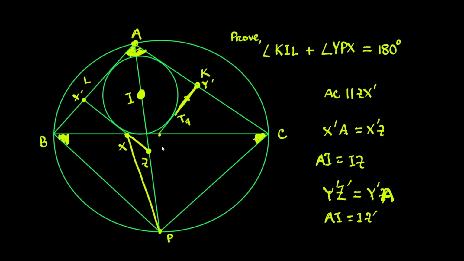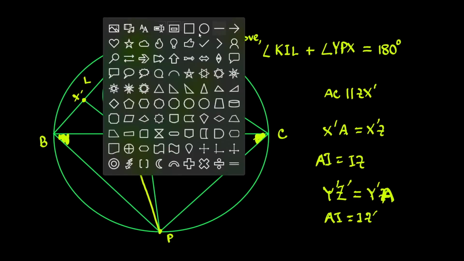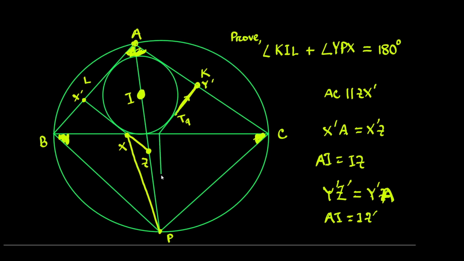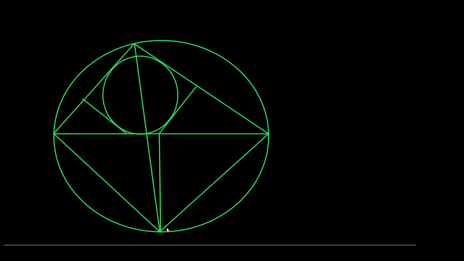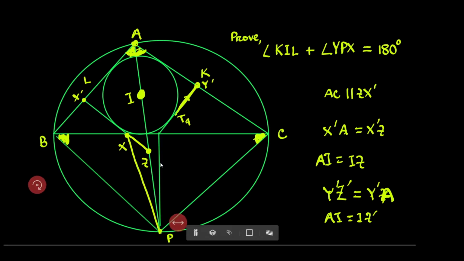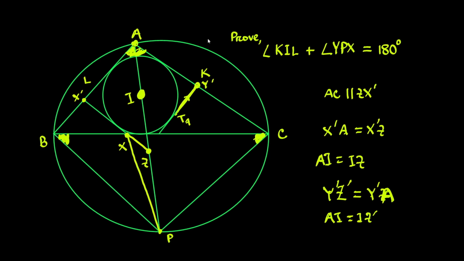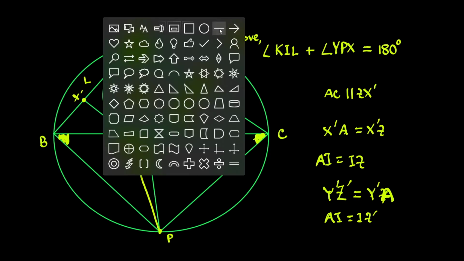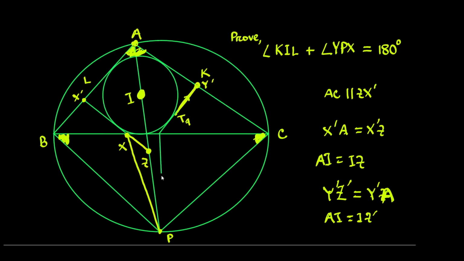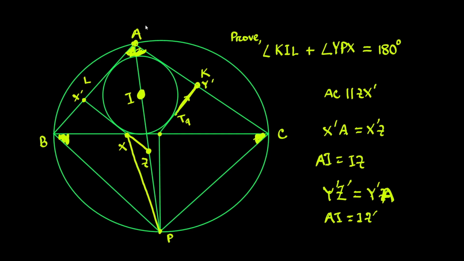We know a property, right, of cyclic quadrilaterals. Okay, let's draw things perfectly right now, because we already have proved that z and z bar are the same. So why not use a proper, almost proper diagram?